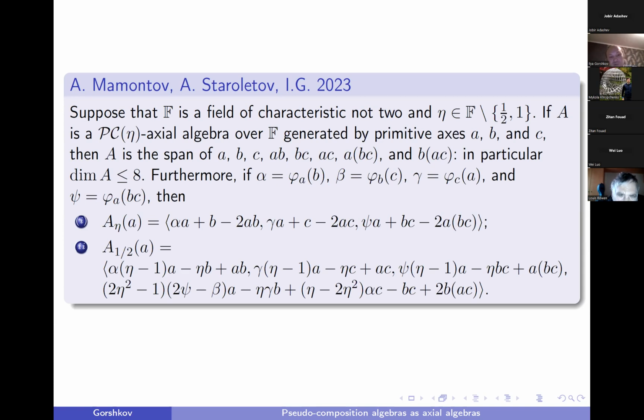In particular, we prove that a pseudo-composition eta algebra generated by 3 primitive axes has dimension at most 8, and in our article you can see a multiplication table. In particular, we have the next eigenspaces for any axis A.